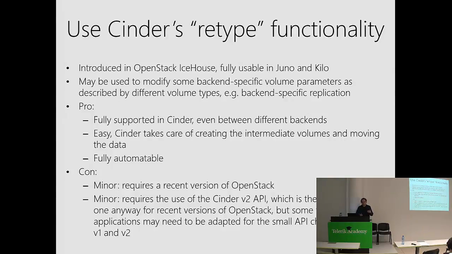You can use it just to change your volume's parameters without migrating it anywhere. Or you can migrate it to another instance of the same backend, or you can migrate it to a new backend. It is just a single command, and Cinder knows what to do. Of course, it is not always the fastest way, but it is virtually guaranteed to work.